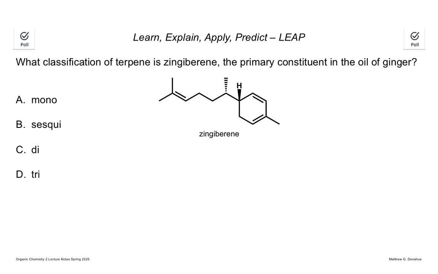So zingiberene is the constituent in the oil of ginger. What type of terpene is this? So yeah, this is sesqui, it's 1.5. So there's the methyl groups, 3, 4, 5. There's the start of the next one. So there's the 3 isoprene units for a total of 15 carbon atoms.